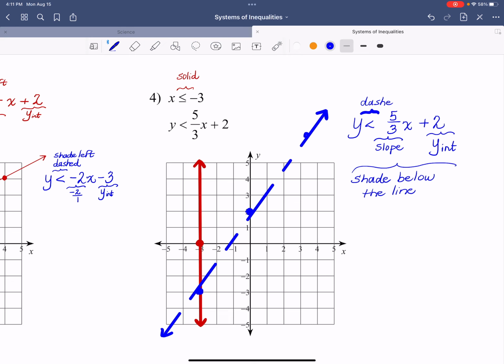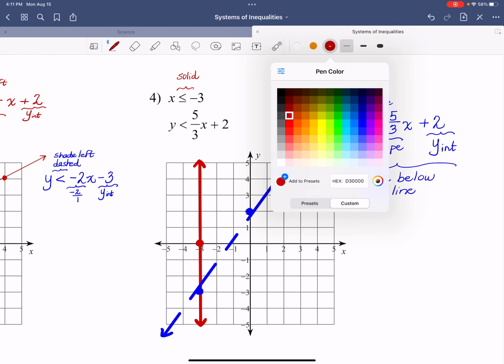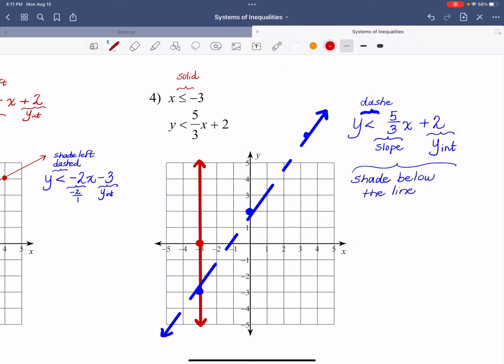And then on this red one, we're shading below the line, or to the left. So the region in question on this one is this little tiny space down here. It's below the blue line, and it's to the left of the red line.